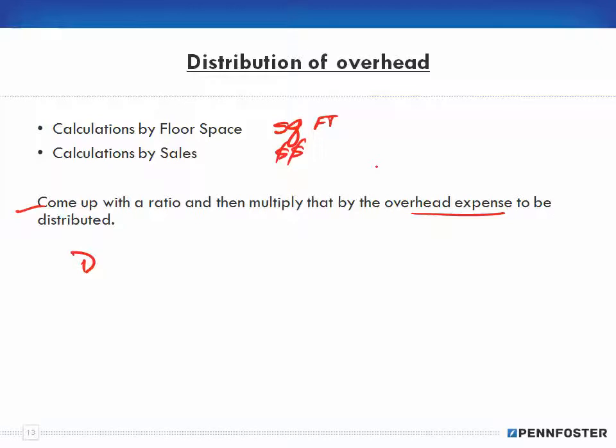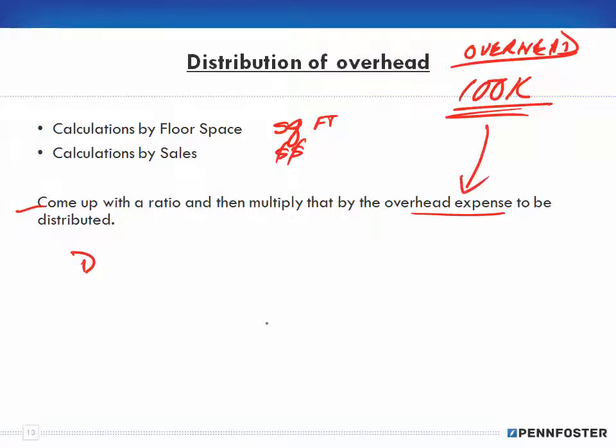And I'm just going to make up some numbers here, and I'm not using the ones in the book. So let's say the amount of my overhead expense is 100,000. Okay, that's the overhead expense to be distributed.